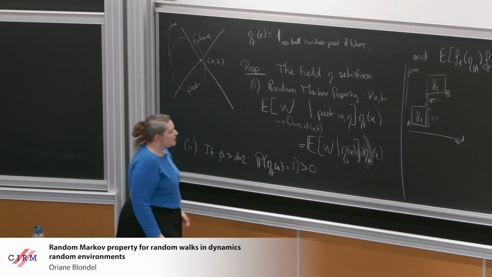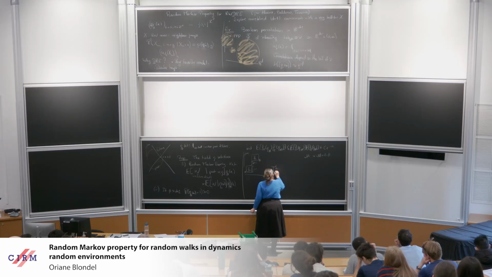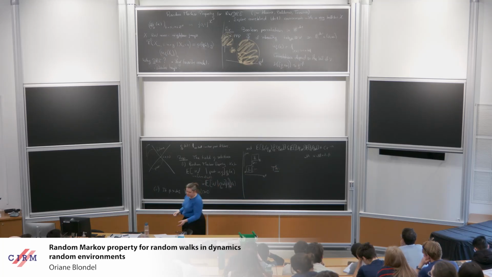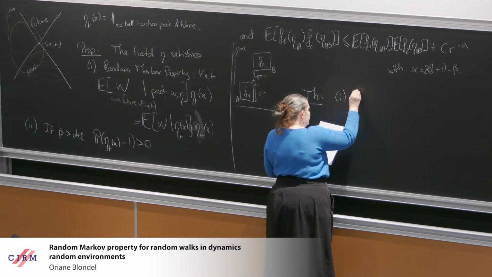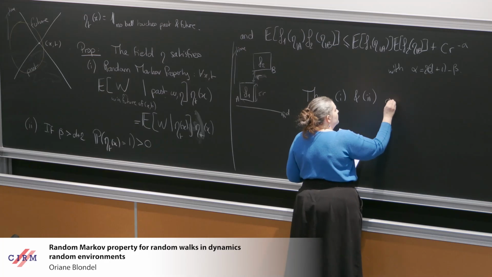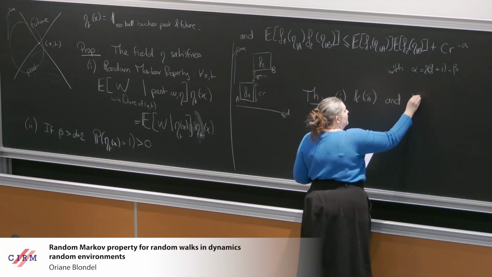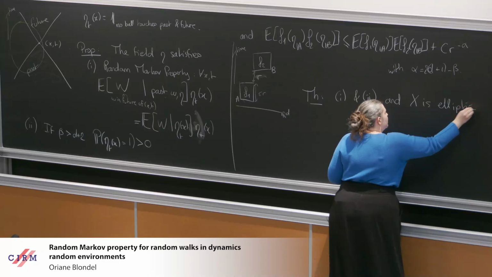Okay, and so the result is that from there, what we can get, if you have those two things, and X is elliptic, I will discuss what I mean exactly by that.